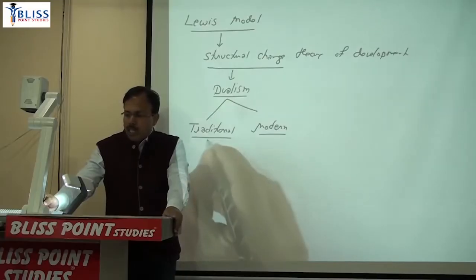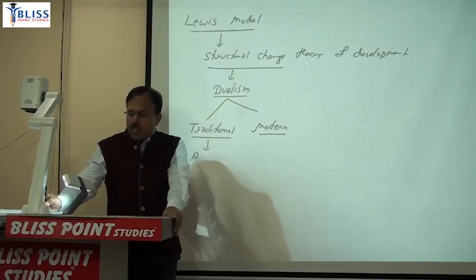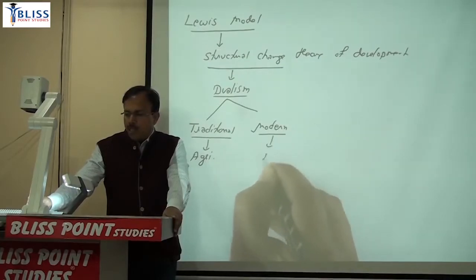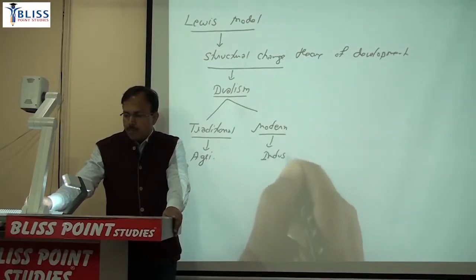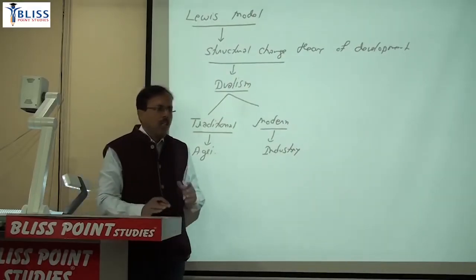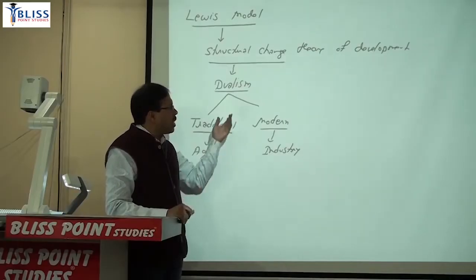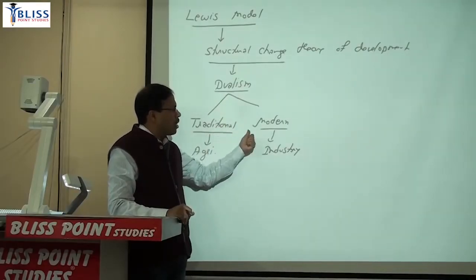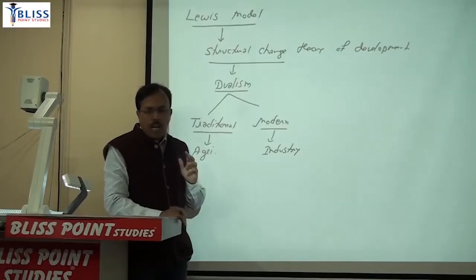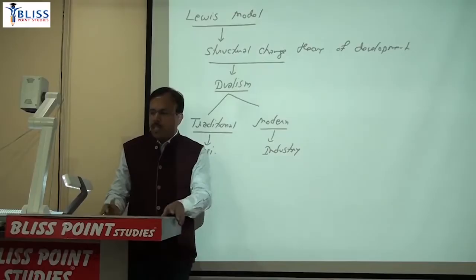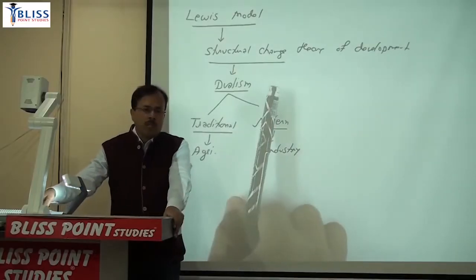You can relate the traditional sector with agriculture and the modern sector with industry. So what is the main idea of this Lewis model? This model basically says that the economy is characterized by this dualism, which means the traditional and modern sectors coexist, and over a period of time with economic development that dualism will be overcome.